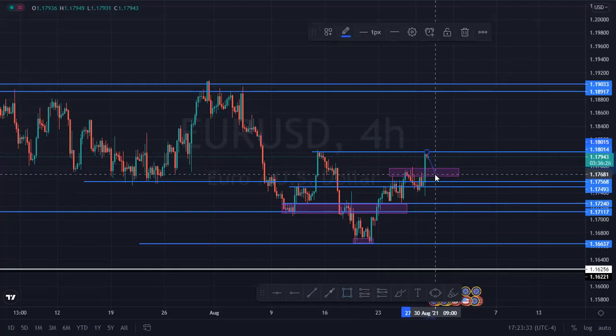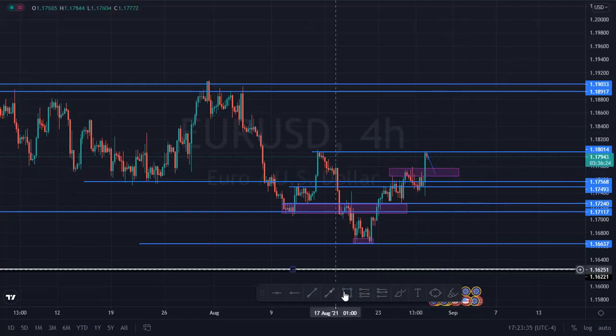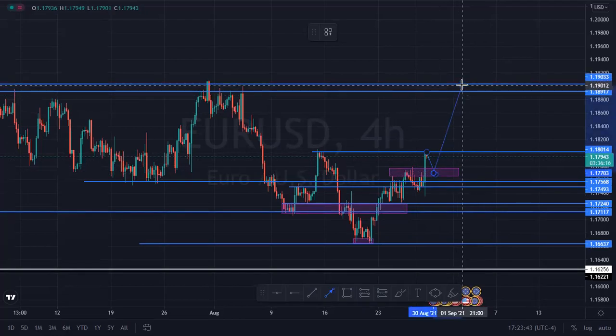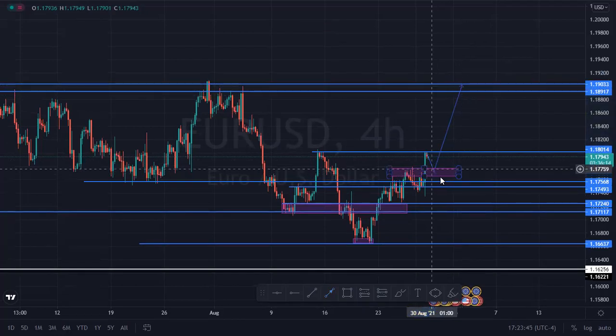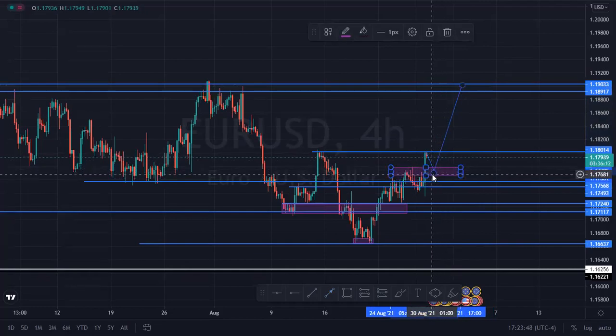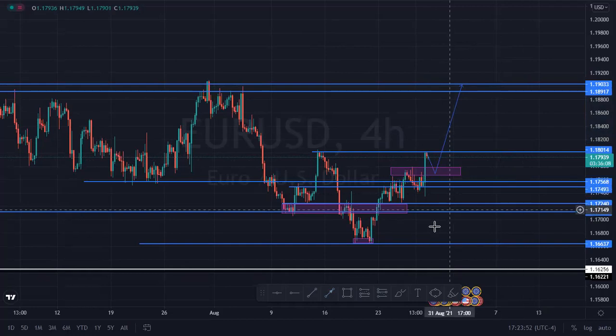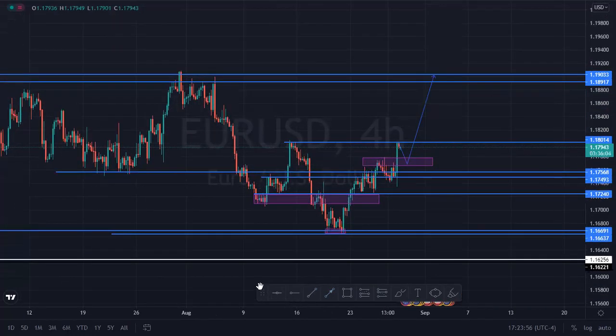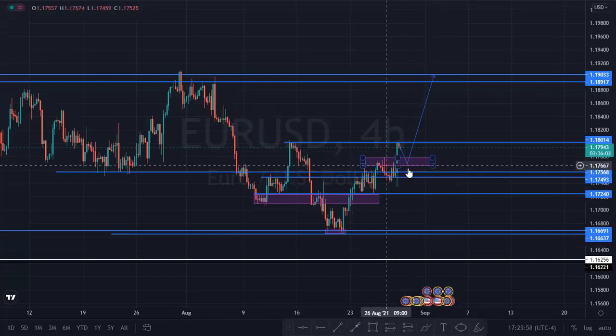I'll be setting my pending order here, buy limits. Then I'll be targeting this point. All right. So I will set my buy limits at this zone.